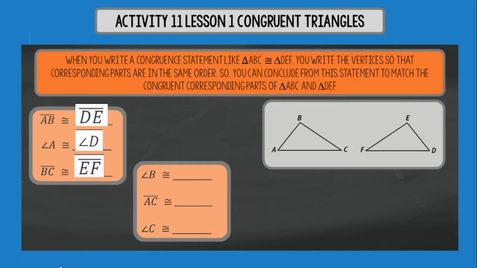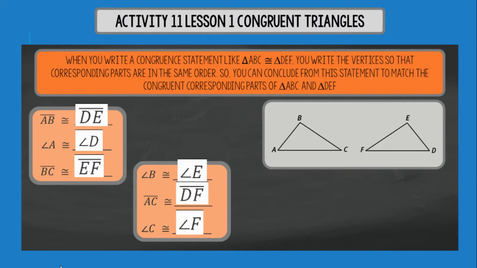Angle B is congruent to angle E. AC is congruent to DF, and then angle C is congruent to F. So the corresponding parts tell you how to write the statement, what's equal to each other, all those things. And again, I'm not really going to reference the picture a whole bunch as much as I reference the statement. Okay?